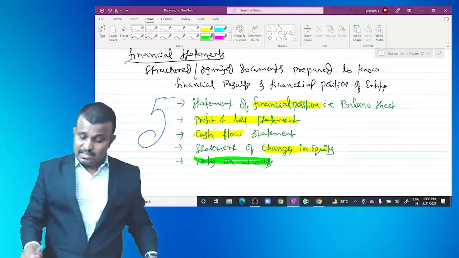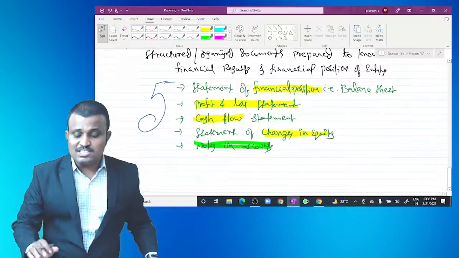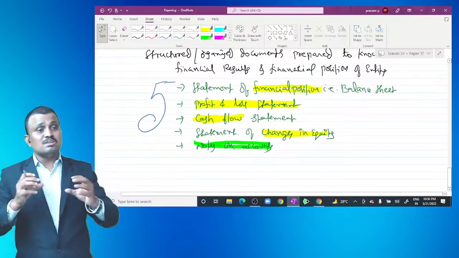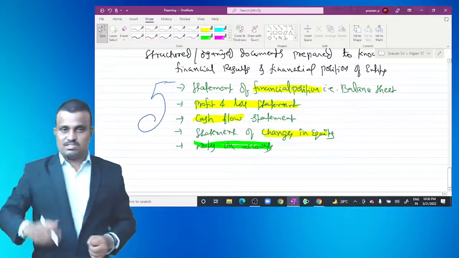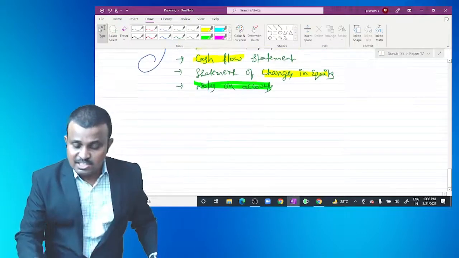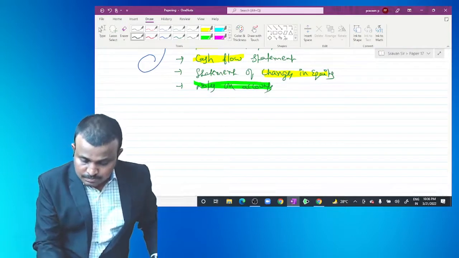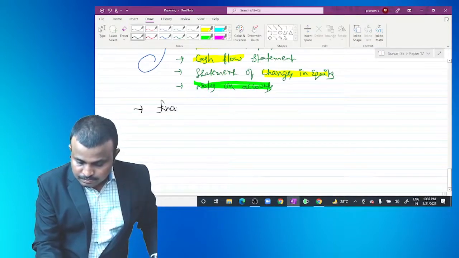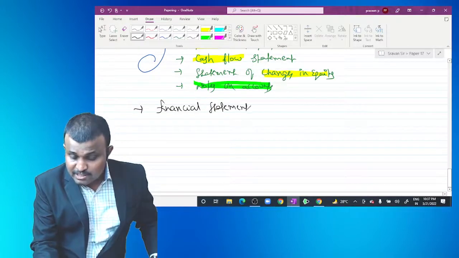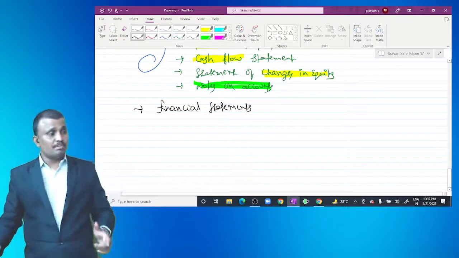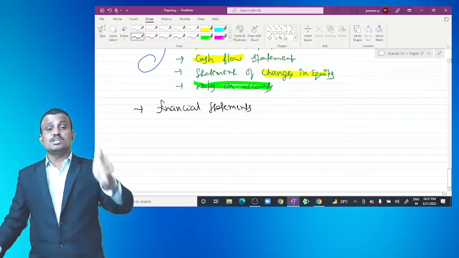And remember, while preparing the financial statements, we have to follow some regulations. We have to comply with some laws. In auditing we have one topic: financial statements should represent what?